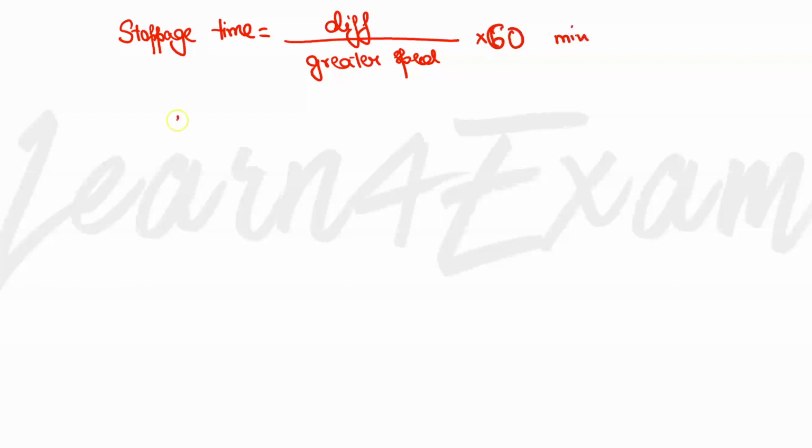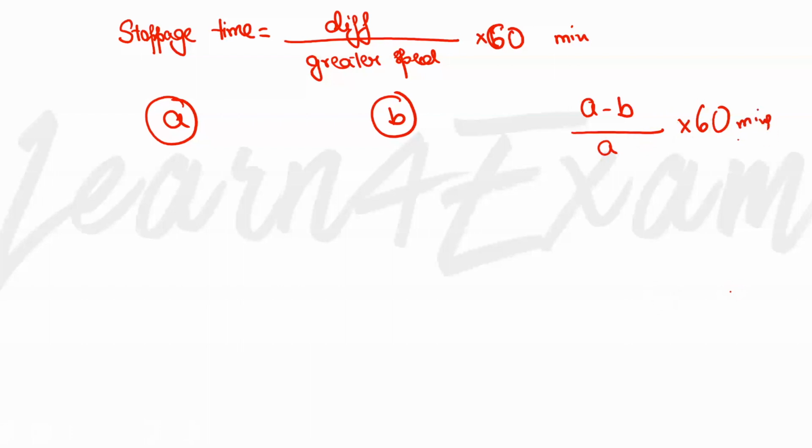You would be given two speeds, let's say A and B. A train travels at A km per hour when it doesn't stop at a station, and B kilometers per hour when it stops at a station. So it would be A minus B, the difference in speeds, divided by the greater speed. The greater speed is always when it does not stop at a station, right? So divided by A, into 60 minutes, is what you would be calculating for this question.